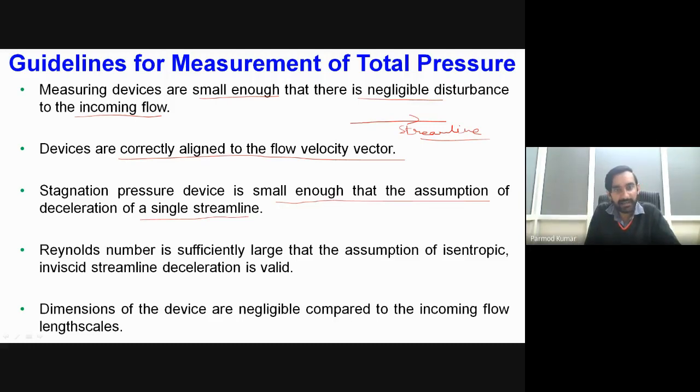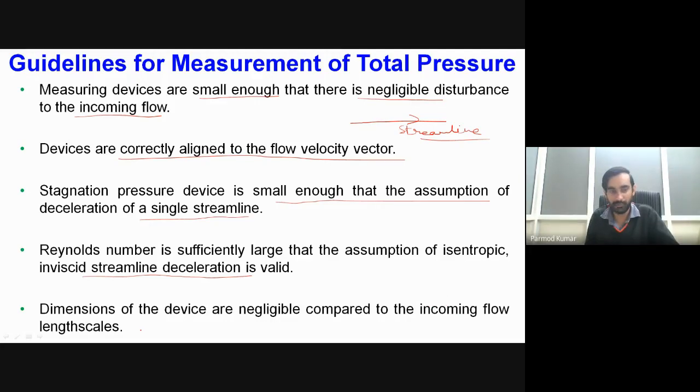Then, the Reynolds number should be sufficiently large that the assumption of isentropic and inviscid streamline deceleration is valid. That will be valid if we have fast flow, because if the flow is slow, there will be sufficient chances for energy exchange between the fluid layers, and the isentropic assumption will not be applicable. Then, the dimensions of the device should be negligible compared to the incoming flow length scale.